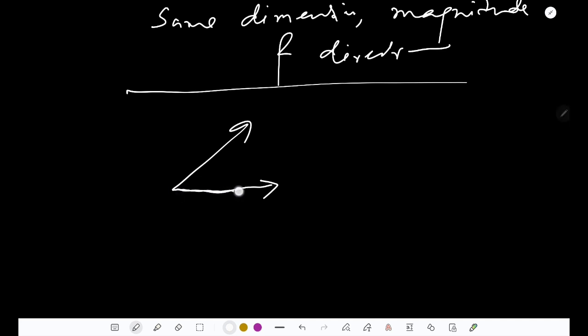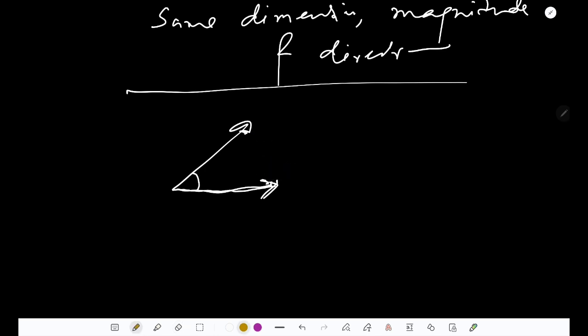If we have a common tail for two vectors, move from the head of one vector to another through the smaller angle, and this is going to be the angle between two vectors. Just verify that you are moving from one vector to another through the smallest rotation, and you will get your angle.